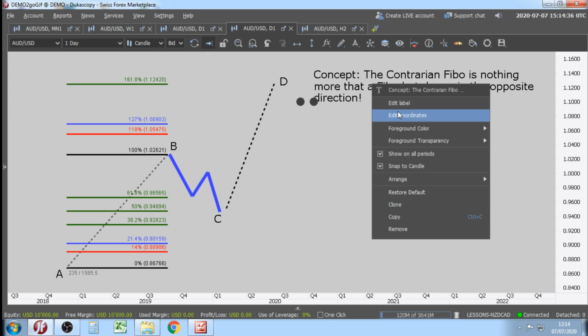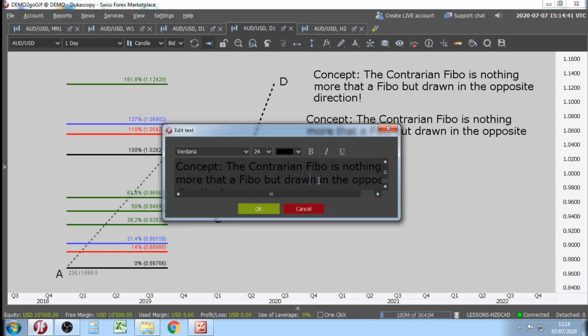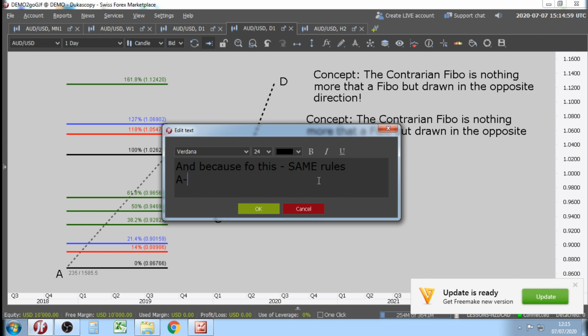And if this is true, everybody, what is the good point? The good point is that the same A, B, C, D rules apply.